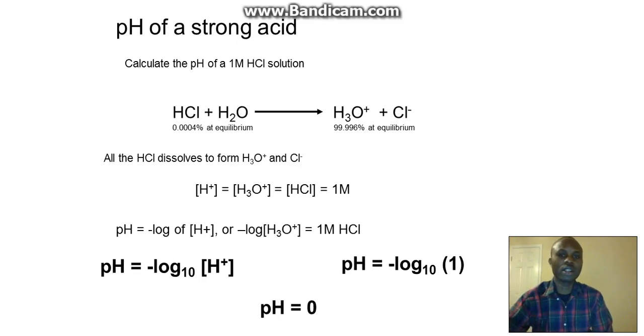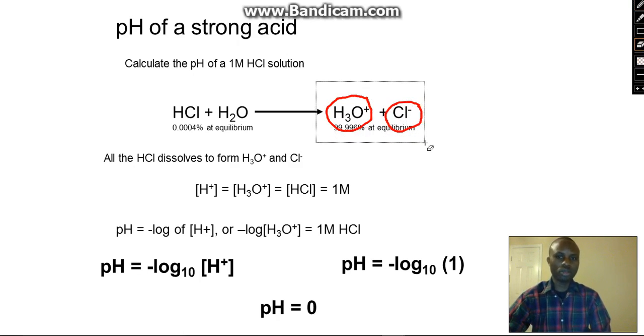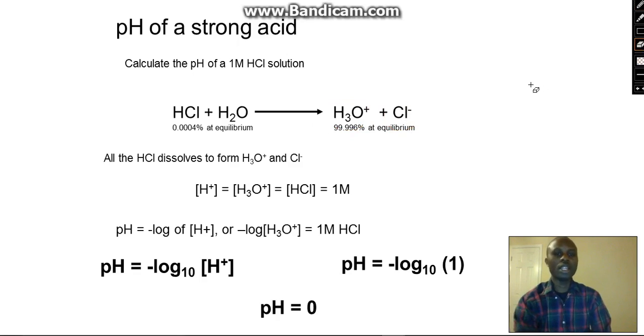So the HCl becomes a hydronium ion and a chloride ion. So that's complete dissociation taking place.